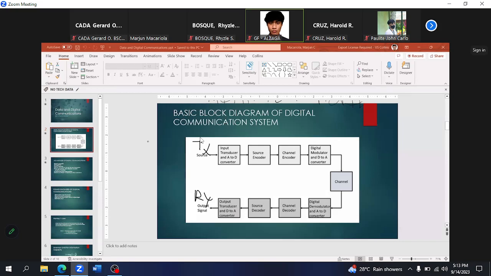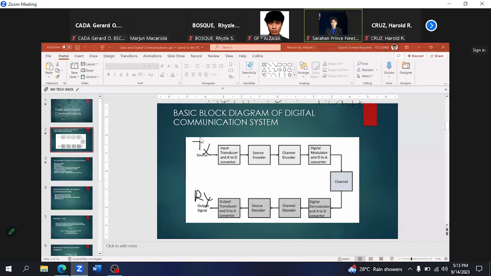Nag-discuss ako ng higher math, nag-discuss ako sa kabilang section. Hindi naman choppy. May sumpa kayo eh. Wait nga. Okay naman. O ngayon, clear na?